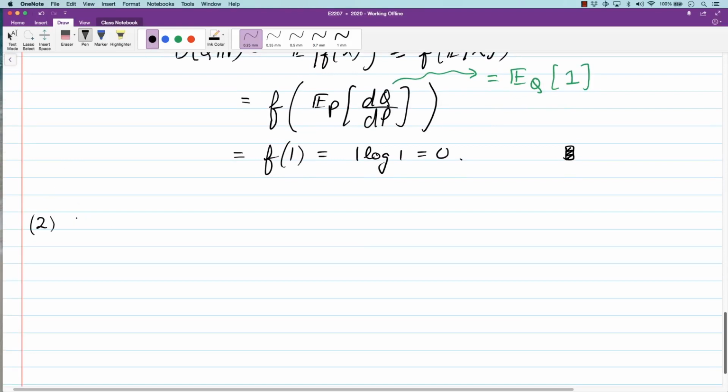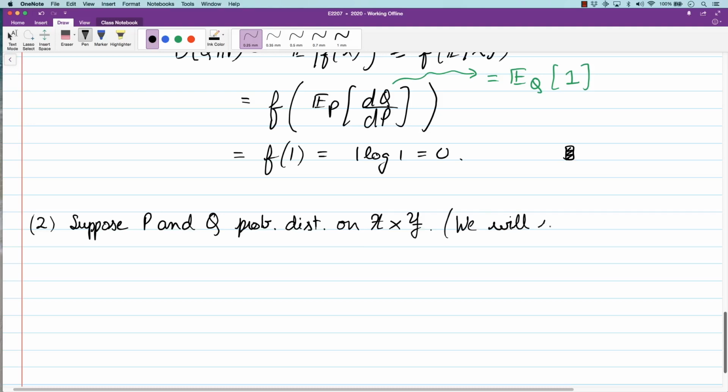Suppose you have P and Q, probability distributions on, say, X cross Y. We will use the notation P_XY and Q_XY for the joint distribution.